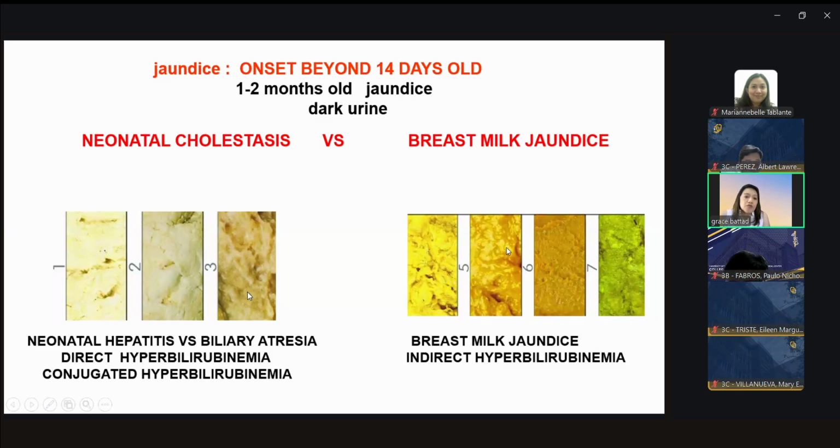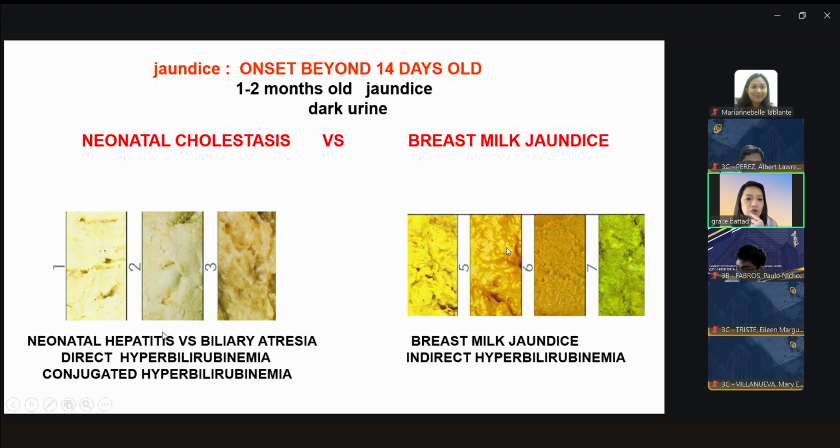So try to ask if the color of the stools is white, because you might have neonatal cholestasis with direct B2 hyperbilirubinemia, whether you have inflamed neonatal hepatitis or obstructed biliary atresia.